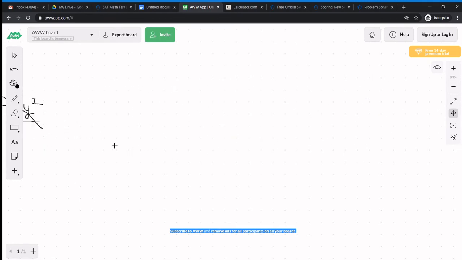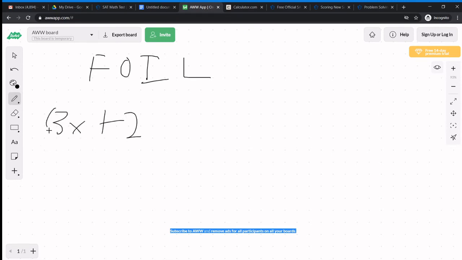And the second thing we need to know for this section, couldn't find a problem for it, but it's pretty simple, FOIL, and how it expands to bigger problems. Let's say you have 3x plus 2 times 5x plus 1. FOIL.